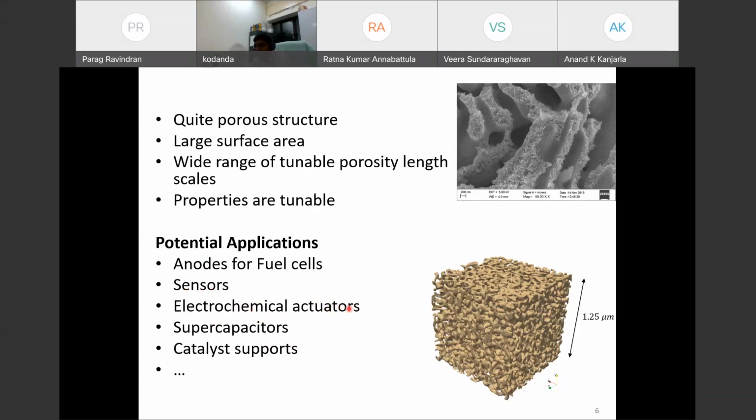We will discuss it in a while. Supercapacitors and many more. This is not yet an engineering application, but it has quite a bit of potential for that. So what I will be focusing on in the next few slides is the actuation behavior of these nanoporous metals through electrochemical means.